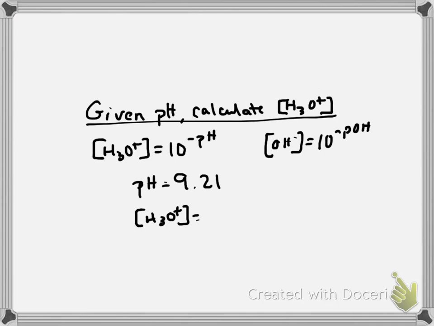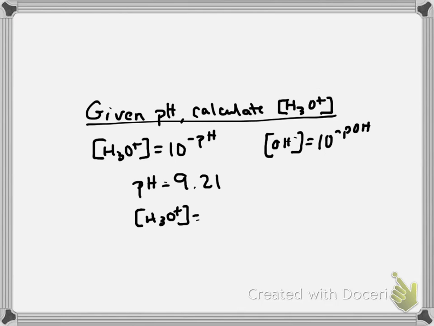The hydronium ion concentration is equal to 10 to the negative pH. You're going to find that on your calculator. It's the second function of the log button. So you'll do second log, and you'll have to type in that negative, and don't forget that one because it'll throw off your numbers, then pH. Again, for hydroxide, it would be the same thing except to the negative pOH to get your hydroxide ion concentration.